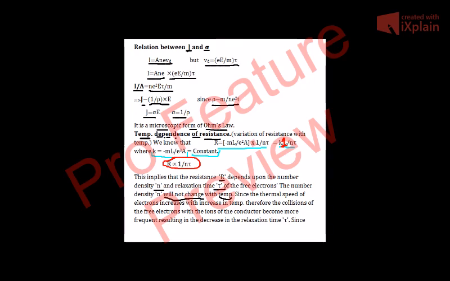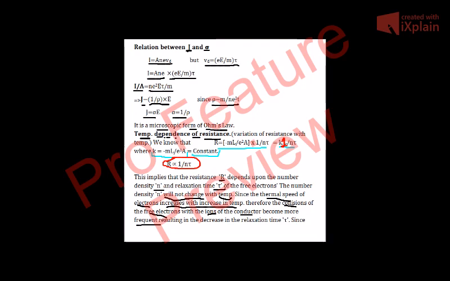The thermal speed of electrons increases with an increase in temperature. Therefore, the collisions of the free electrons with the ions of the conductor become more frequent, resulting in a decrease in the relaxation time. What does it mean? When the velocity increases, the distance between two successive ions will be covered in less time.